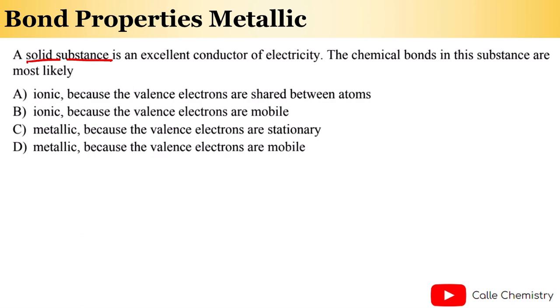For metallic bonding, we talked about a sea of mobile electrons. So for a solid substance that is an excellent conductor of electricity, it's metallic because the valence electrons are mobile. So once again, going back to the definition that we talked about when we discussed metallic bonding, which is a sea of mobile electrons.